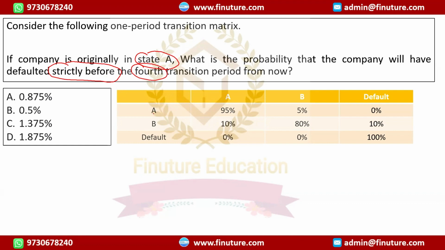Currently, it's in state A, and you are given one transition matrix. So, let me just summarize the information. Given number one, company is in state A and given transition matrix.